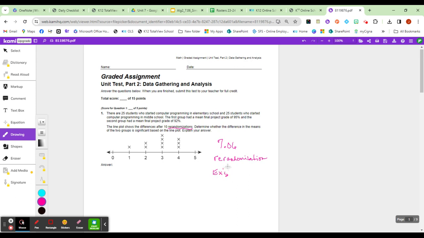Look at some examples, then come back and answer yes, it is significant, or no, the data is not significant. So yes or no, and then you do have to explain. So don't just look at this data without refreshing your memory on what re-randomization is of the means.